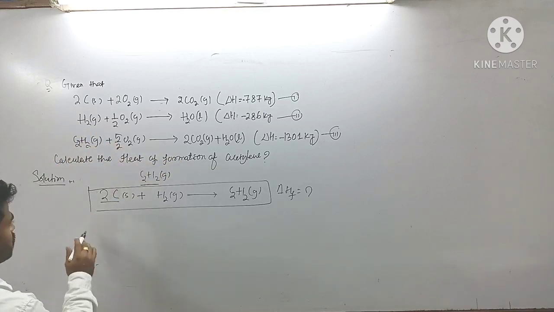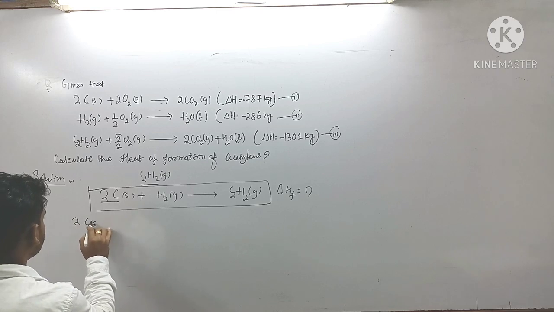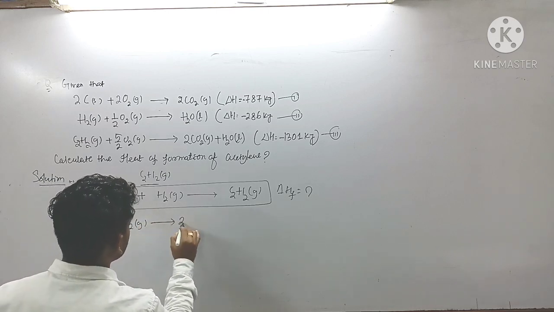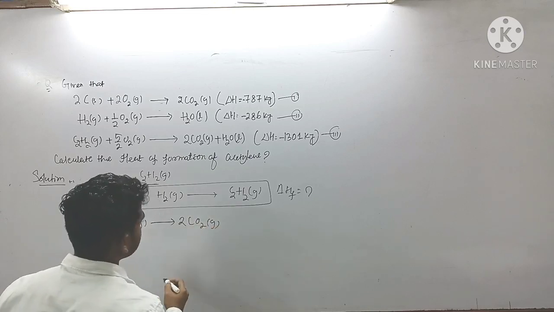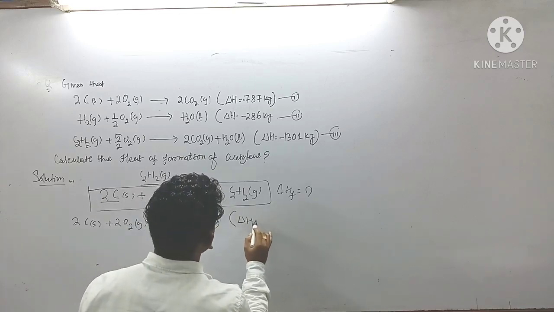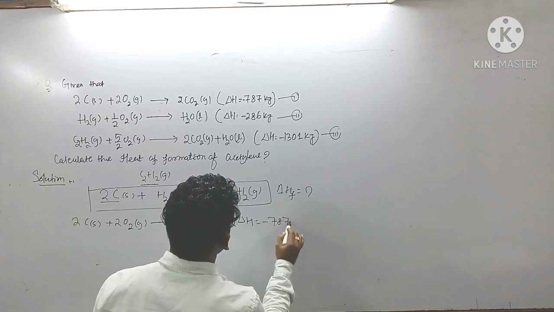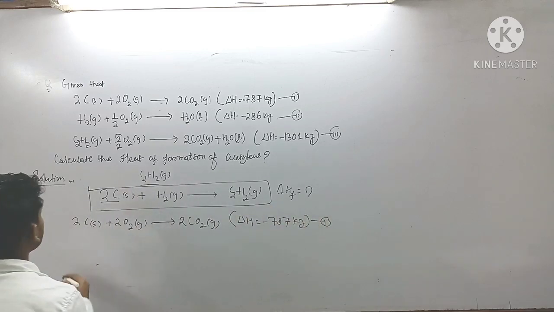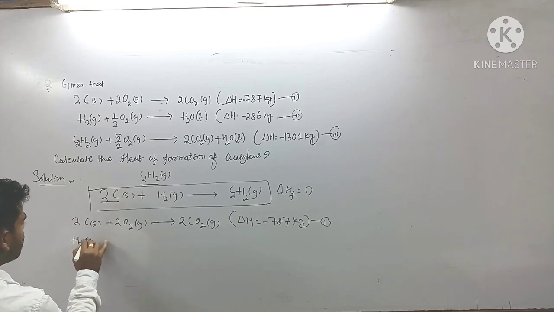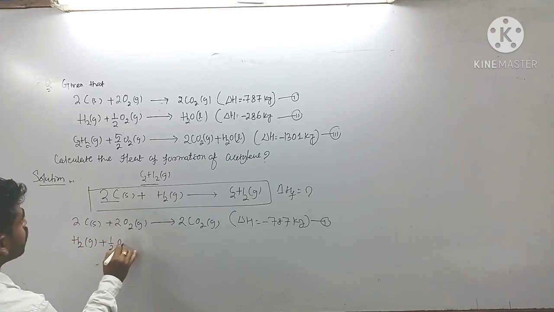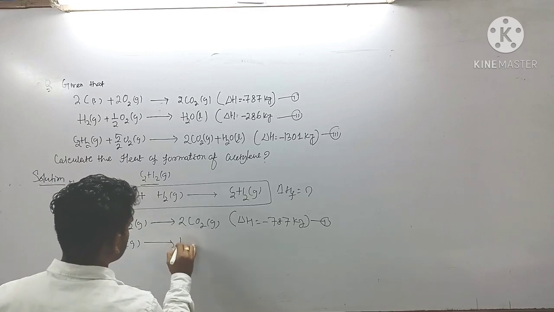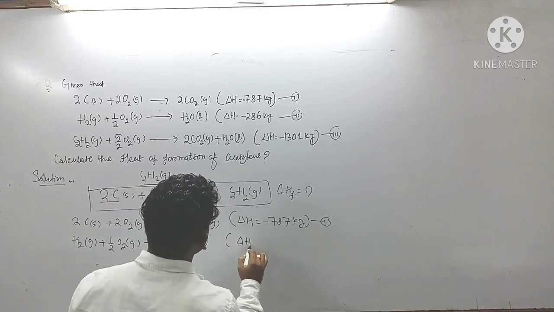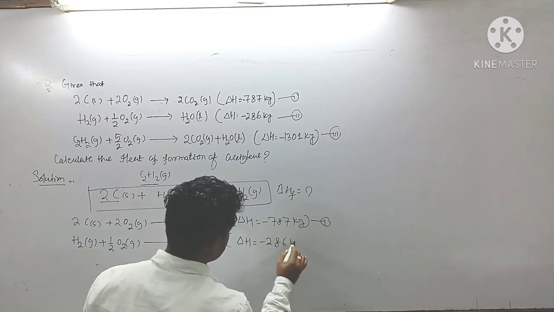Right now you just write down 2C(s) as usual, 2O2 gas giving rise to 2CO2 gas, and here del H is equal to minus 787 kilojoule. So this is equation 1, and H2 gas plus half O2 gas giving rise to H2O liquid. Here del H is equal to minus 286 kilojoule.